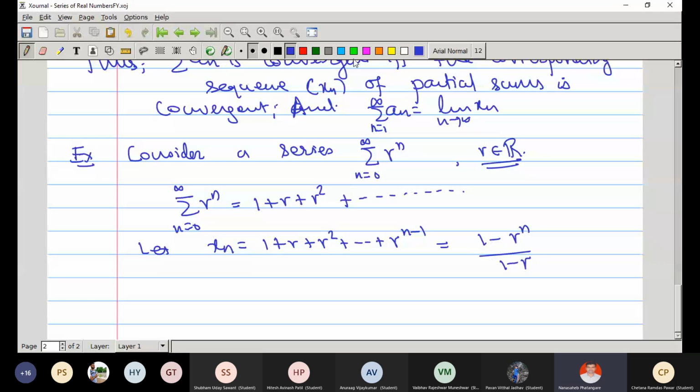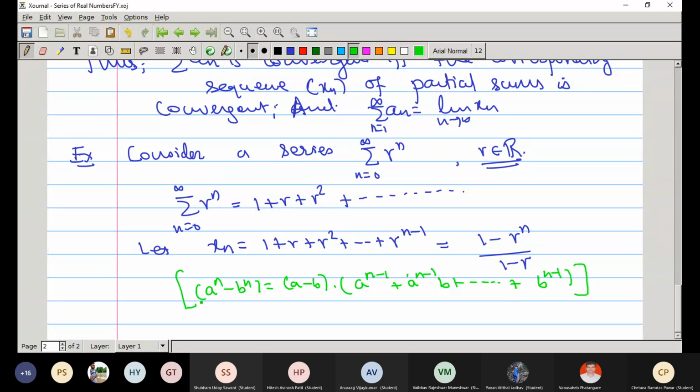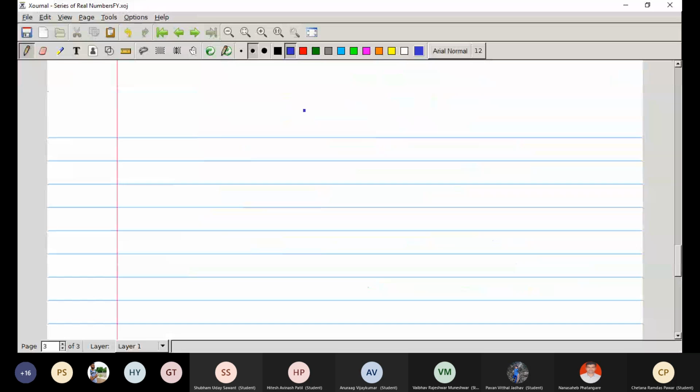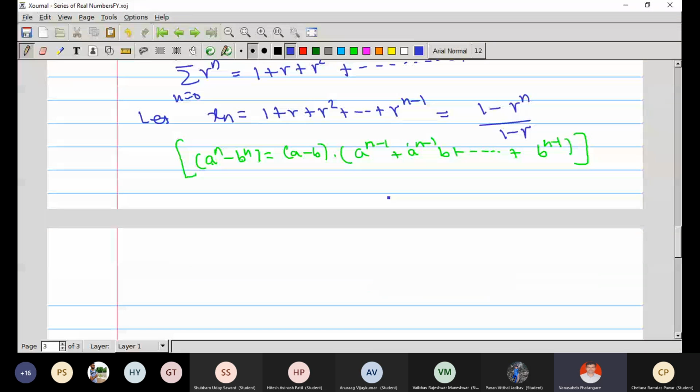A raised to n minus b raised to n is a minus b into a raised to n minus 1 plus a raised to n minus 2 into b, and so on. It is the general formula; with a equal to 1 and b equal to r, we get the formula for the sum of n terms that you have already learned.